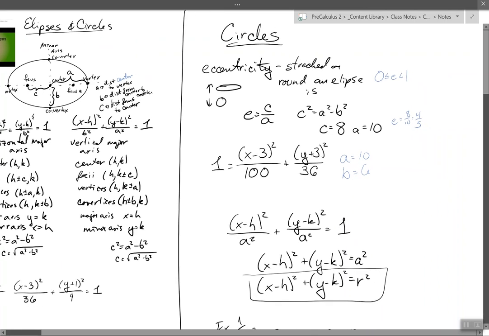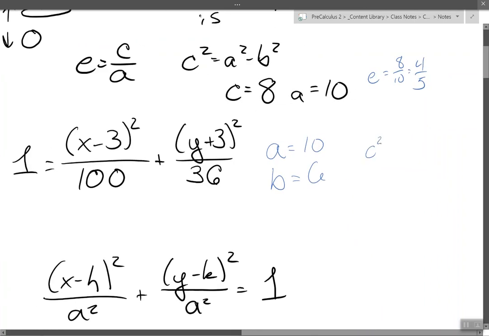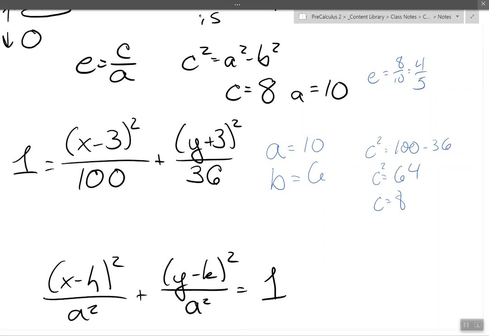And then for C squared, it is A squared, which was 100, minus B squared, which was 36, which gives us 64. So C should be 8, and the eccentricity of this is 4/5. Okay, so that is very basic on eccentricity. It's a really minor thing to do. We're more focused on graphing the circles and what the equations look like.